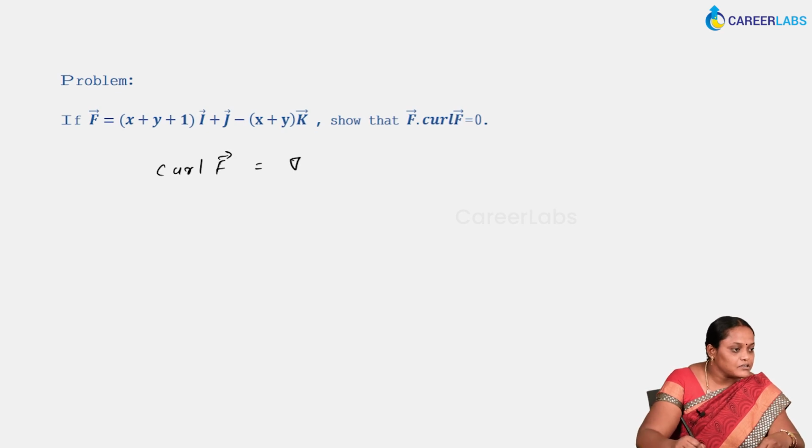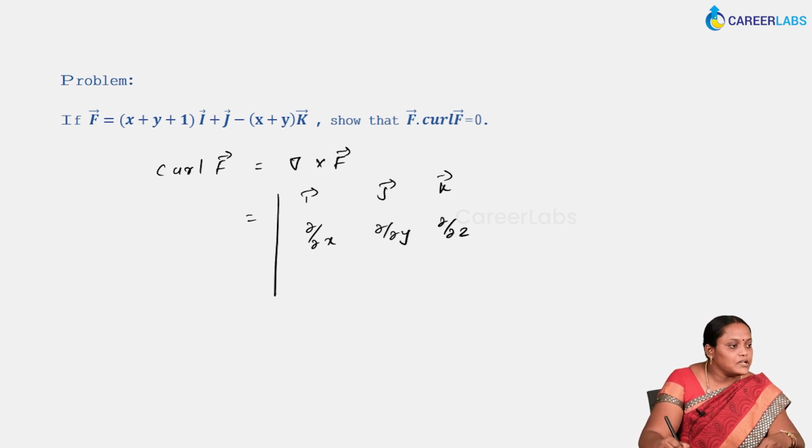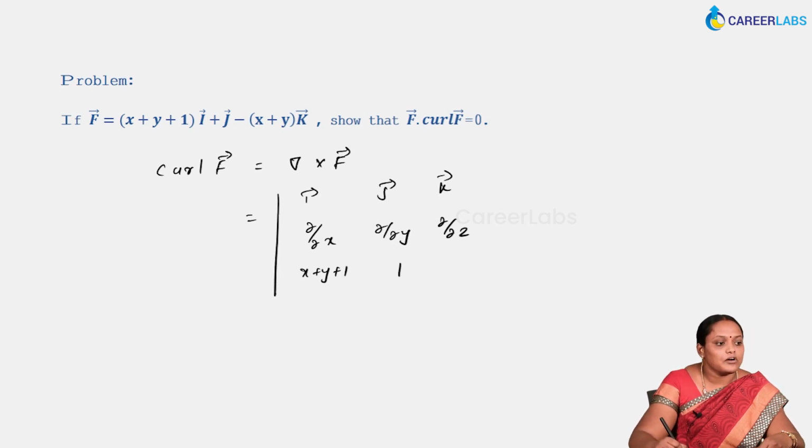Curl F vector is nothing but del cross F vector. This is equivalent to the determinant i vector, j vector, k vector, ∂/∂x, ∂/∂y, ∂/∂z, and F vector is nothing but x plus y plus 1, and the component of j is 1 and the component of k is minus of (x plus y).